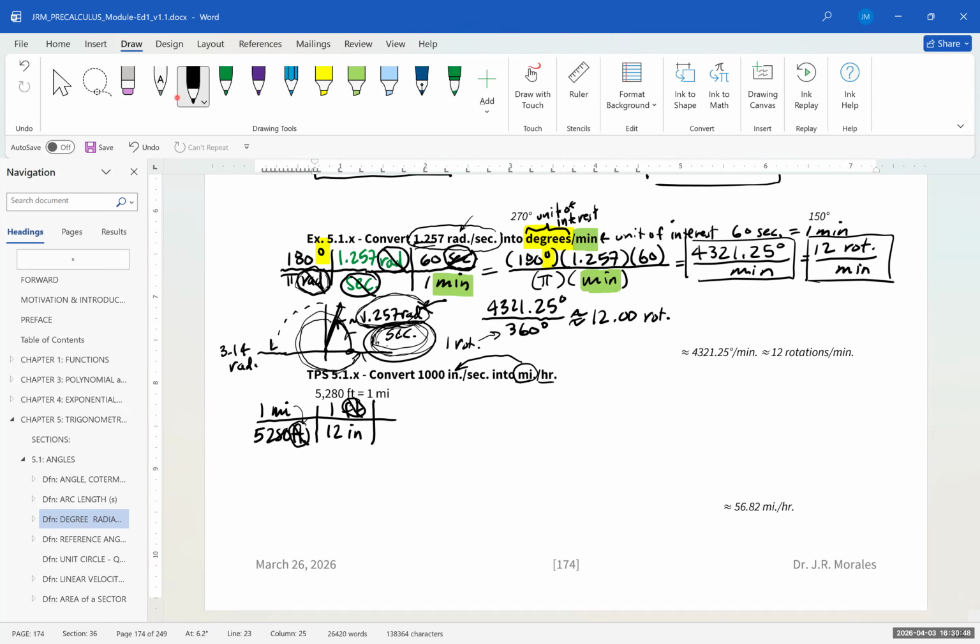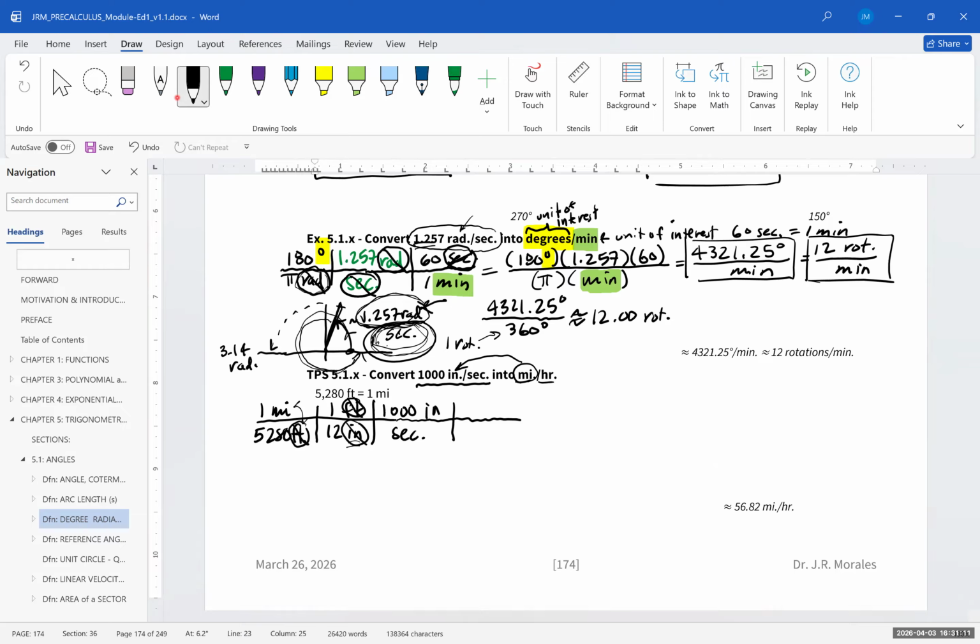All right, that's good. But now we've got miles still in the numerator and we have inches in the denominator. So what could we use to cancel those units of inches? We have our given information, 1,000 inches per second.